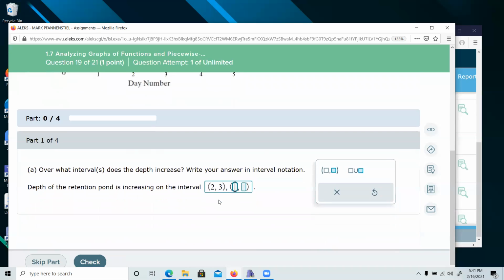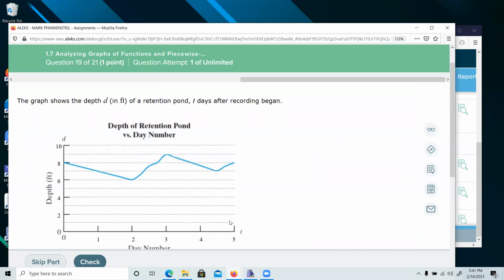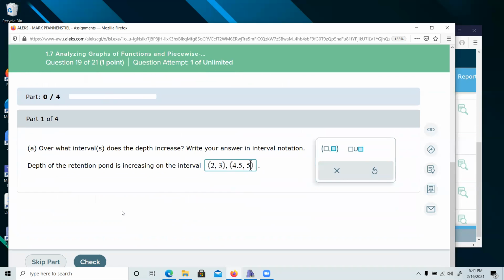We'll call that 4.5. So ever since that day, I've always written on my graph.